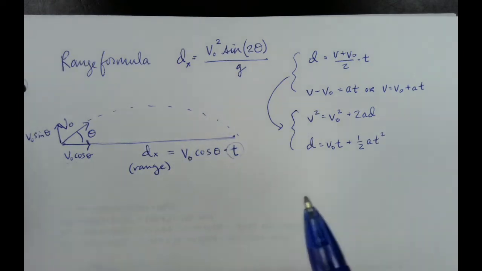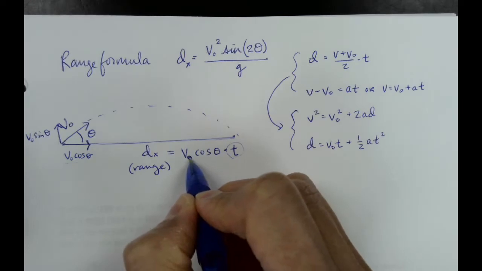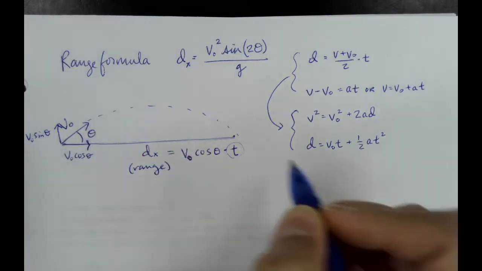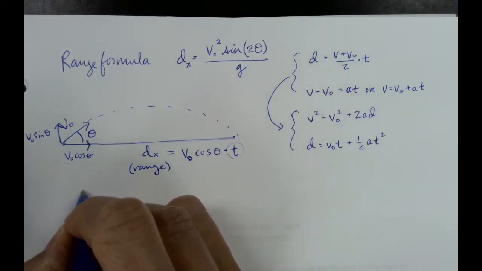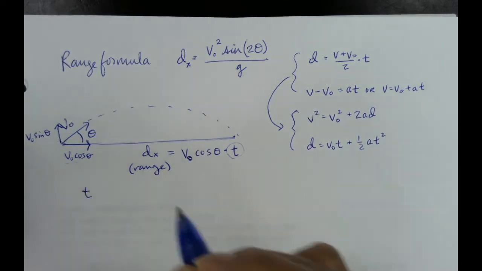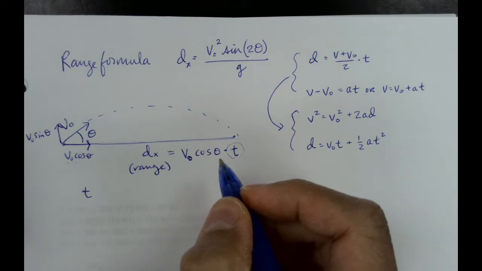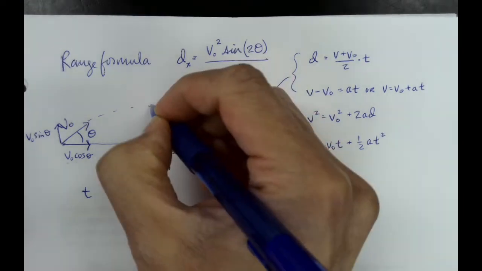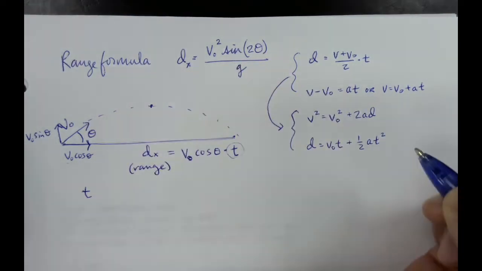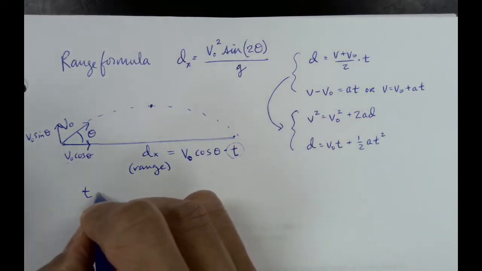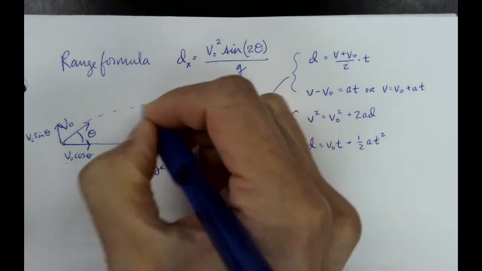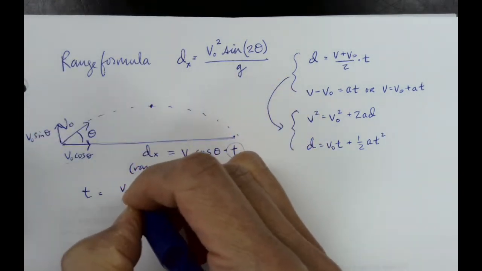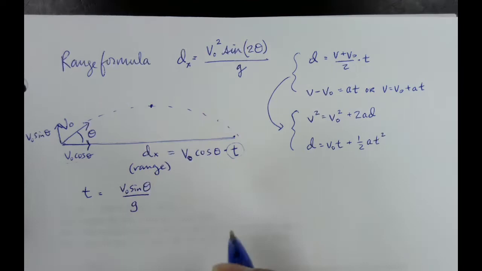Okay, well, this we can calculate as long as we know our initial velocity. Now the time goes back to how long it takes gravity to reduce that initial vertical velocity, v naught sine theta, to 0.